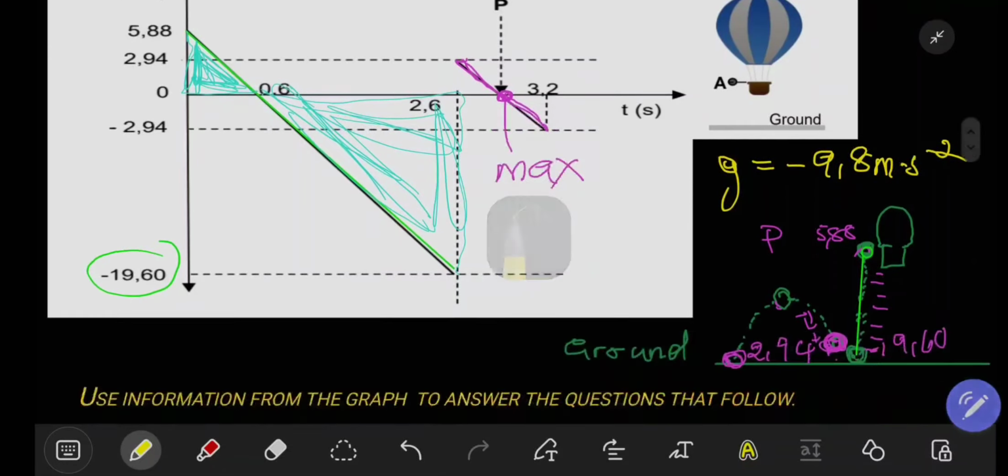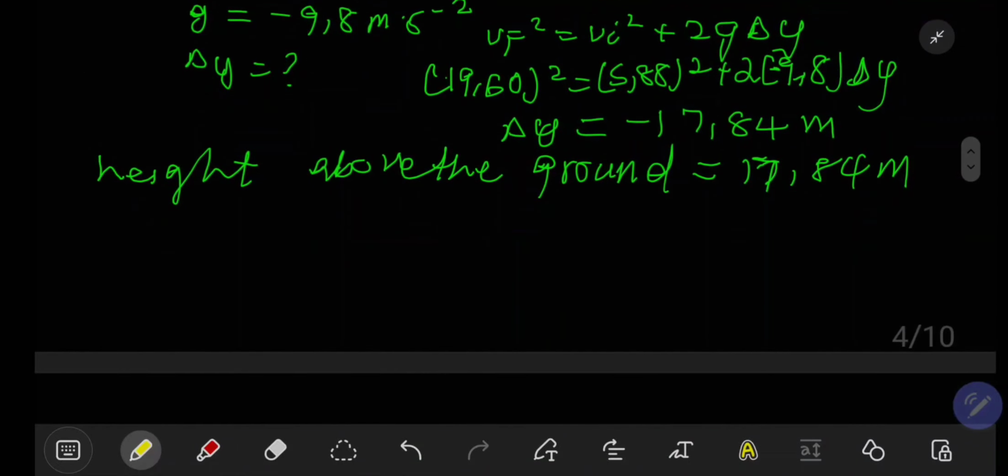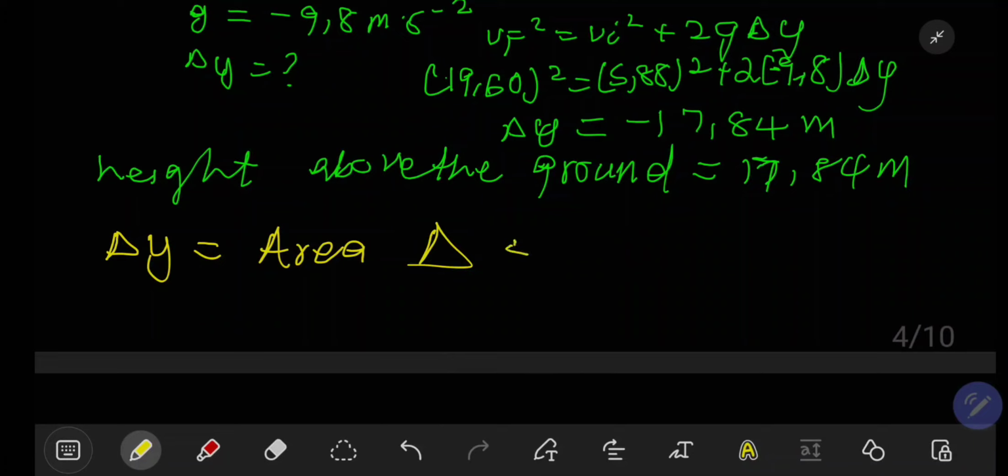We know that it will be equal to the area of a triangle plus another area of a triangle.